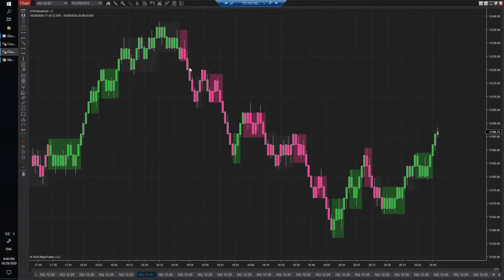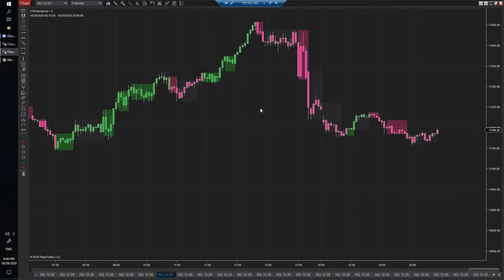So if you are looking for a confirmed breakout, you can enter that. If you continue to have the same coloring boxes, you know that your trend is more than likely going up, and the same with it going down. So that's going to plot on the tick chart again, as well as the minute chart.